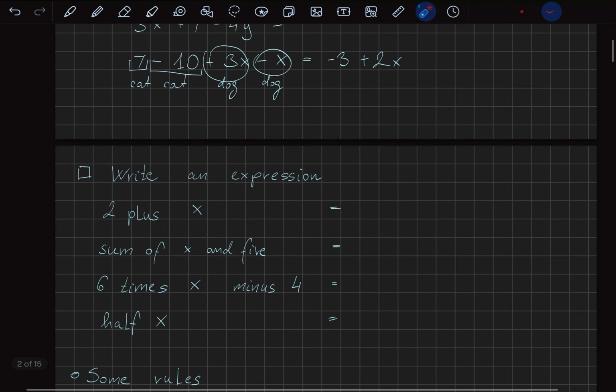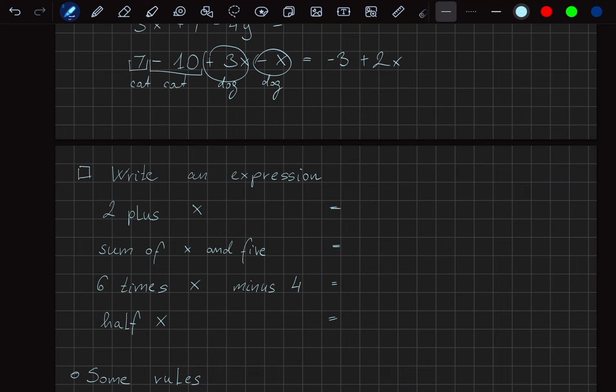Write an expression. Some practice, okay? 2 plus x. Sum of x and 5. So it's basically x and 5, x plus 5 or 5 plus x.